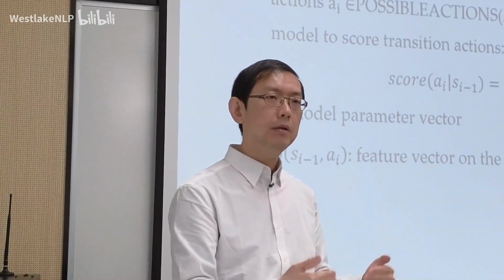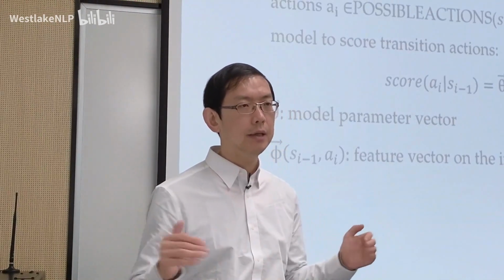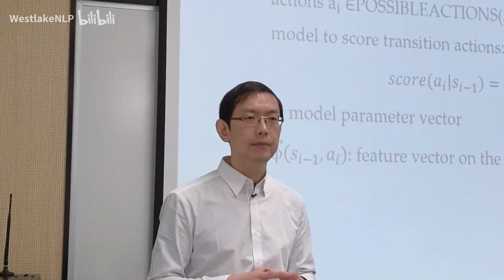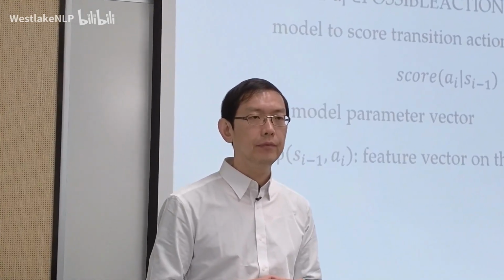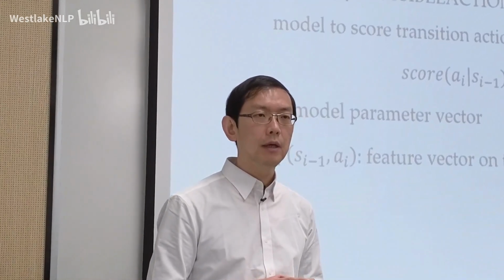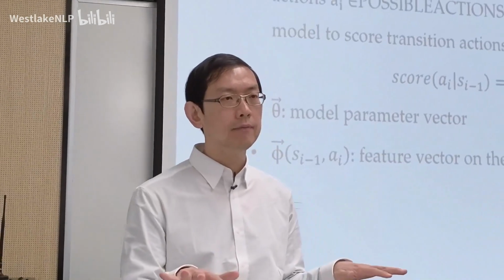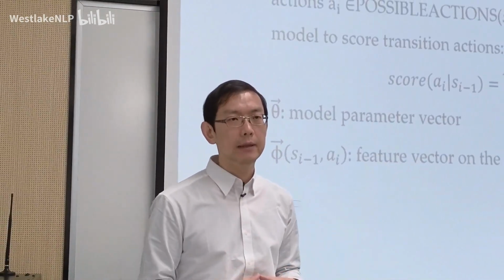And our model parameter is a vector which has the same size as the feature vector. In this way, our parameterization is to use a linear dot product between the model parameter vector and the feature vector to score an action given a state.